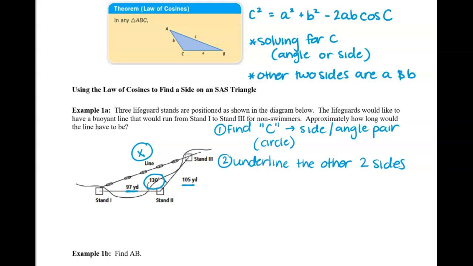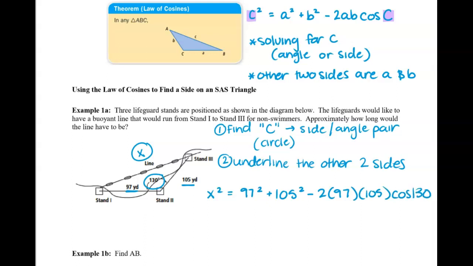So we start with C squared. We're really just using our pairs here on the edges. If we go back to the formula for a second, our pair that we found is always this C and this C. So we have X squared equals, now we have those other two sides, our A and B, 97 squared plus 105 squared, and this is just the formula, minus 2 times 97 times 105 cosine of 130.